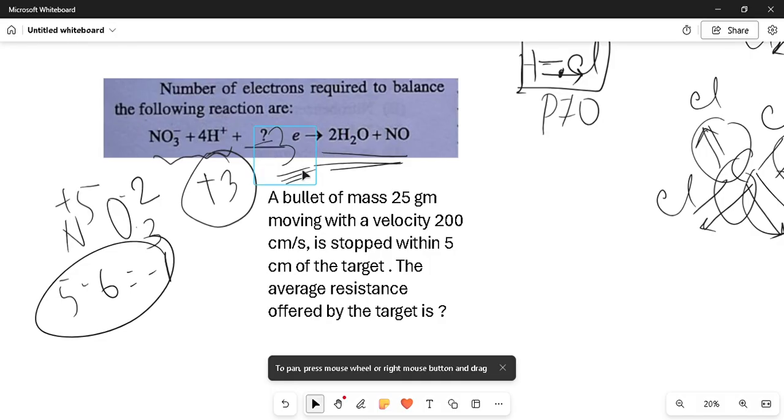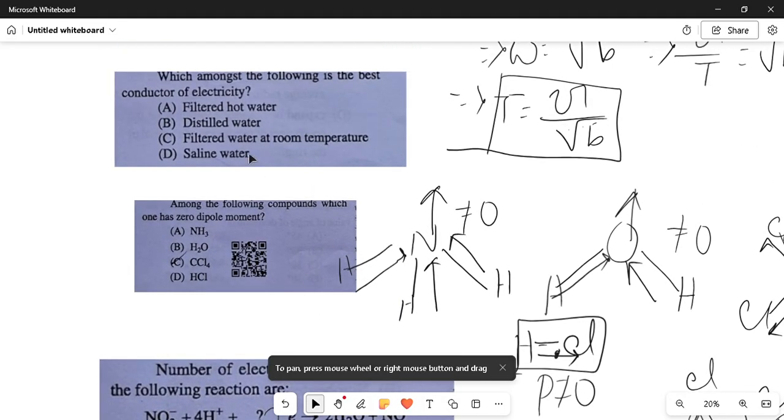This question is some basics; you don't need to know any formula, just the basics. We have to solve these questions.